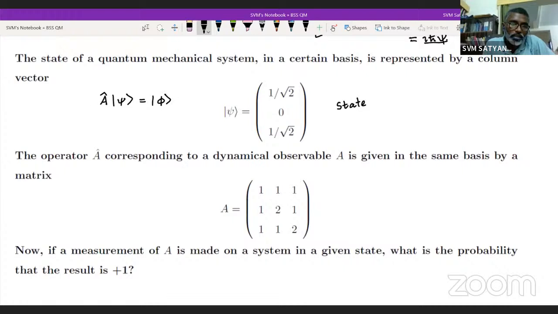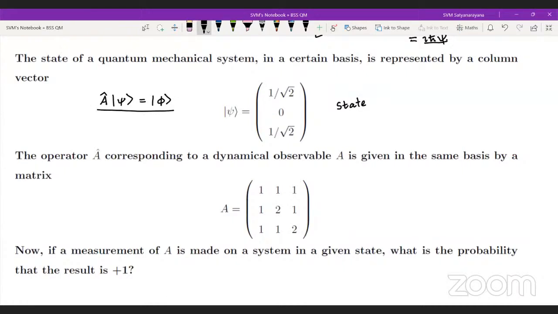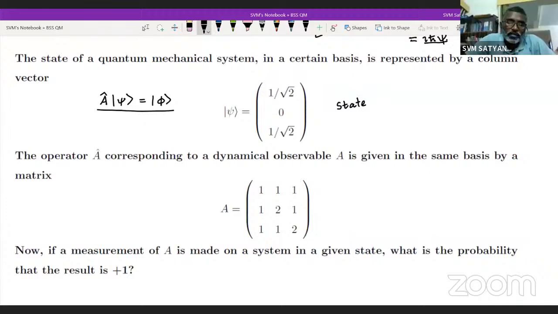This is the most general thing that will happen, right? So this is not an eigenvector. If it is not an eigenvector, it will change it. So a given state here is not an eigenstate of A. That is one thing we can immediately verify.